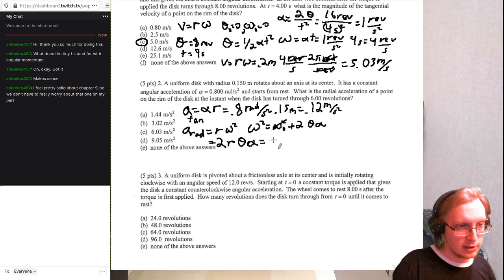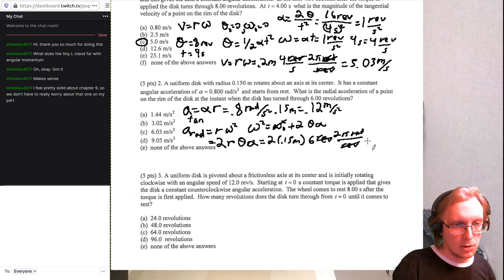Okay, so then that is 2 r, 0.15 meters, theta is 6 revolutions, but that's 2 pi radians per rev. Those cancel out. And then alpha is 0.8 rad per second squared.